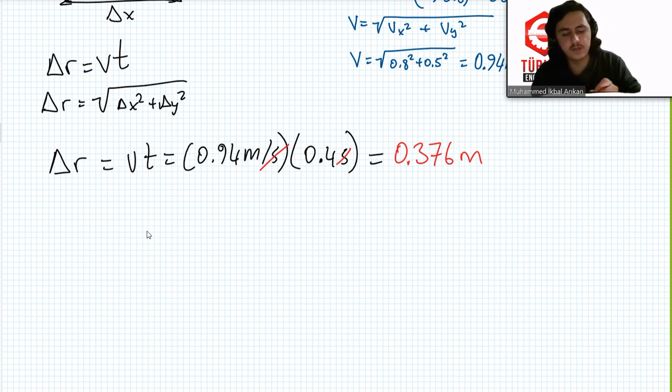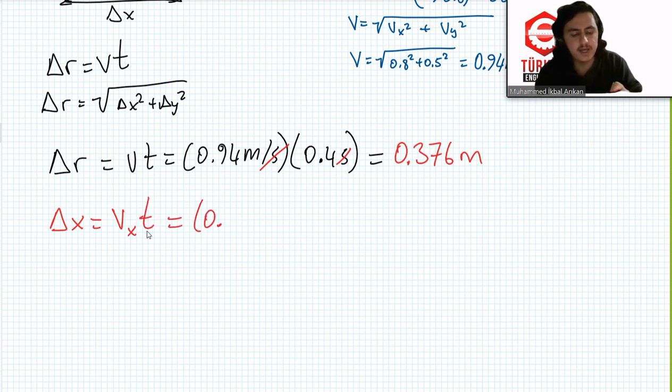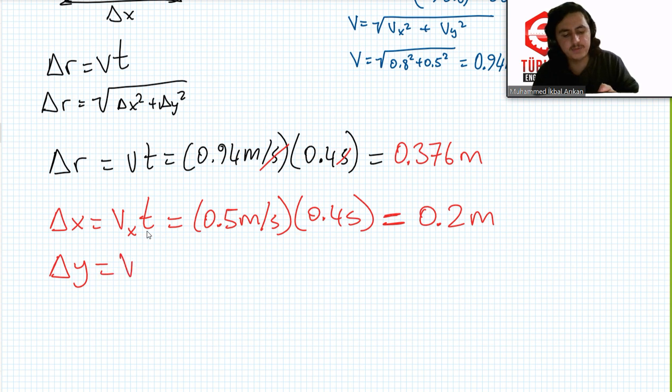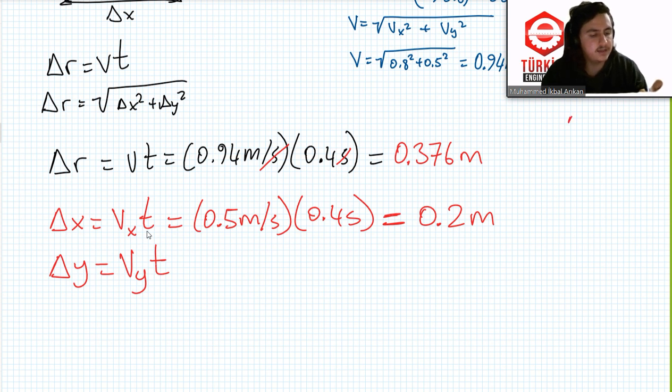What about the second one? I must first calculate delta x, which is vx times time. I know my vx, my velocity in x, is 0.5 meters per second, and my time is 0.4. That will give me 0.2 meters. What about y? Y displacement will be just velocity in y times time. Because as I said, the velocity vx is equal to delta x divided by delta t.